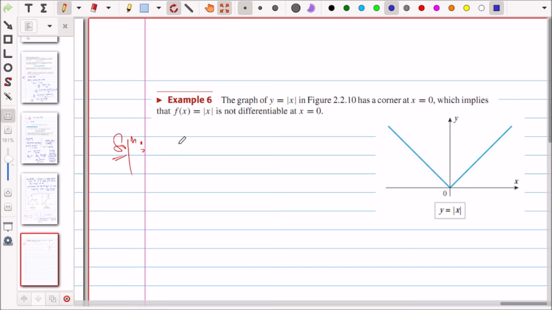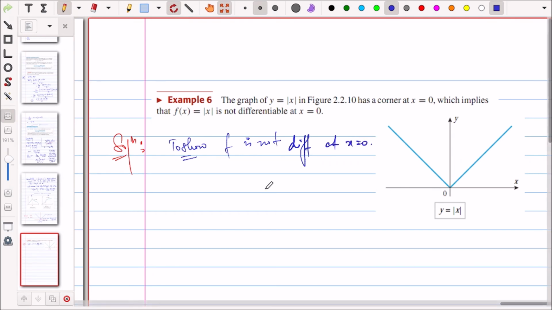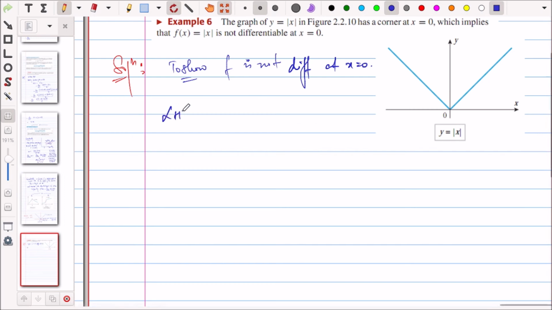So we will show that f is not differentiable at x equal to 0, so for this what we will do, we will find LHD and RHD.